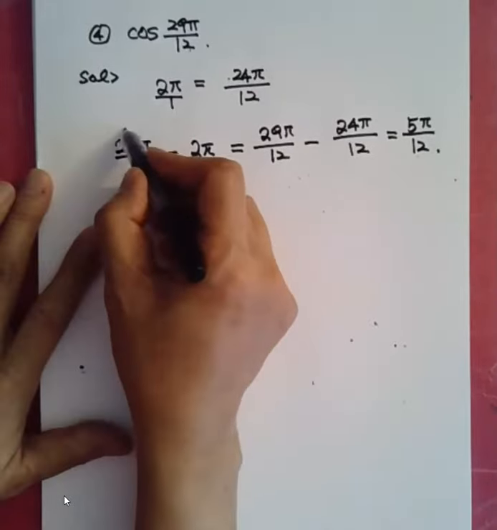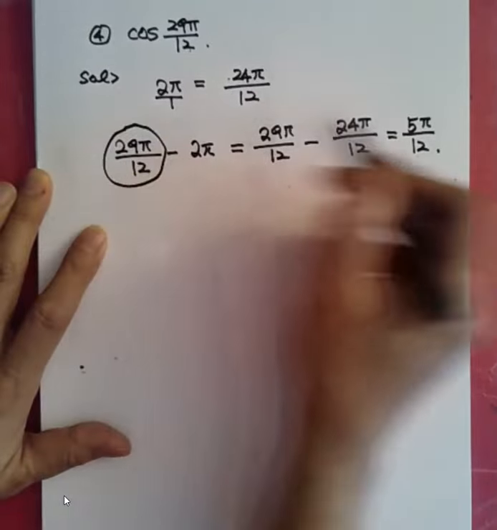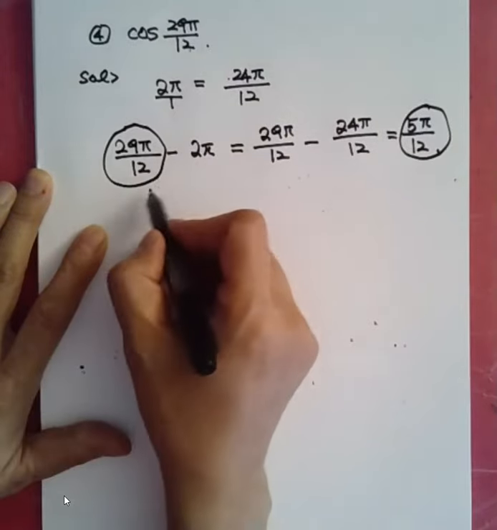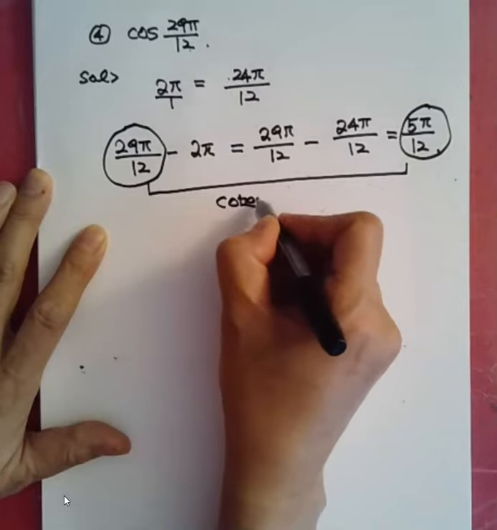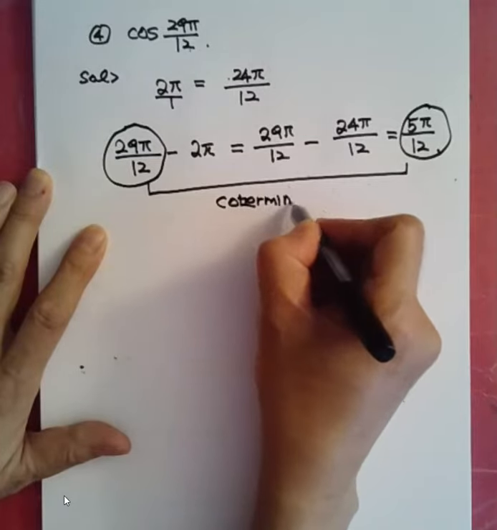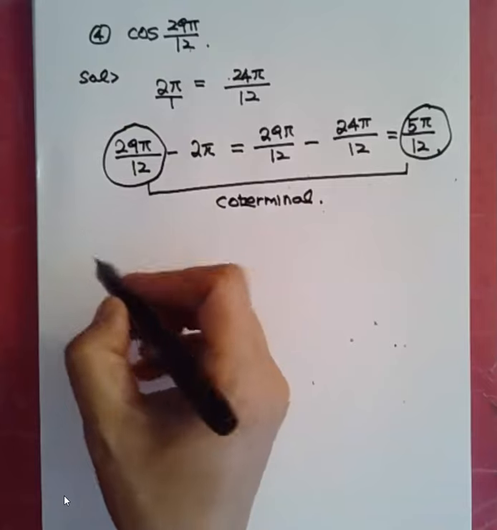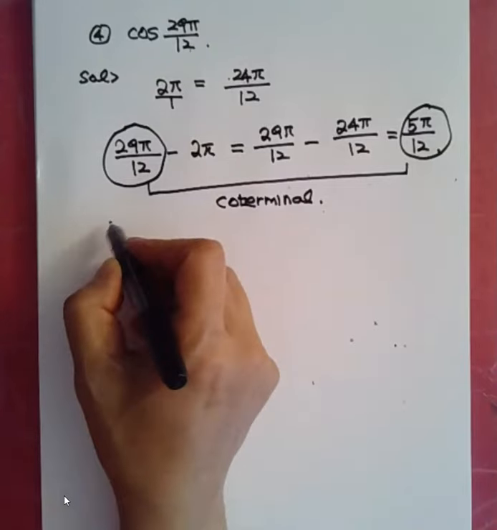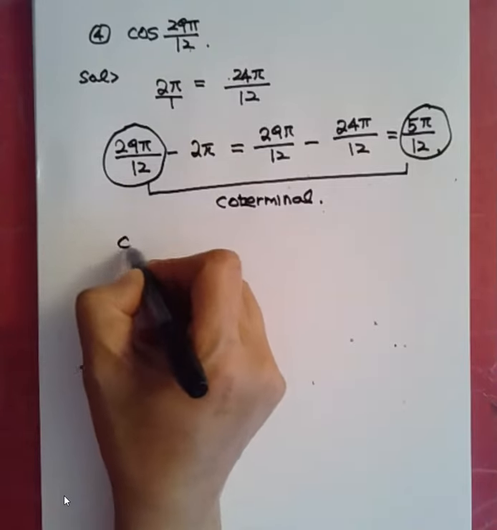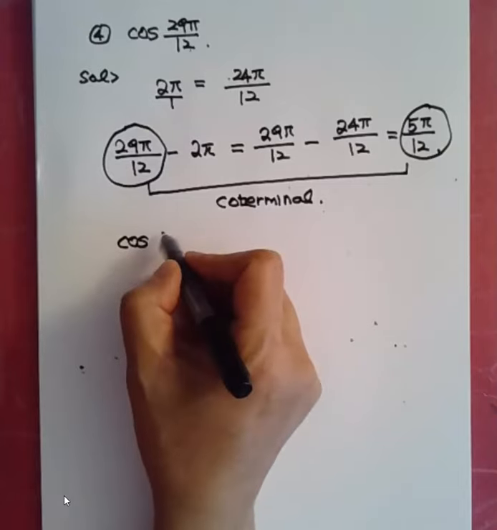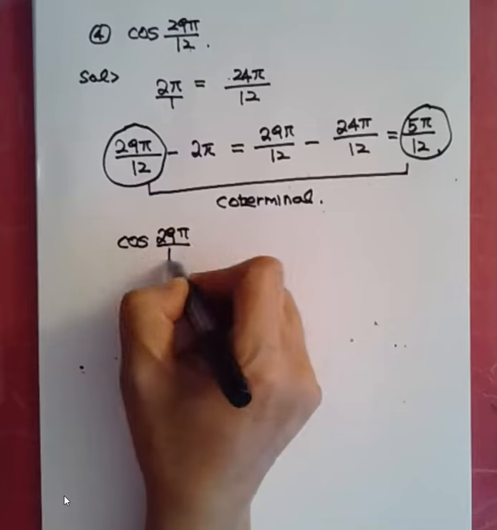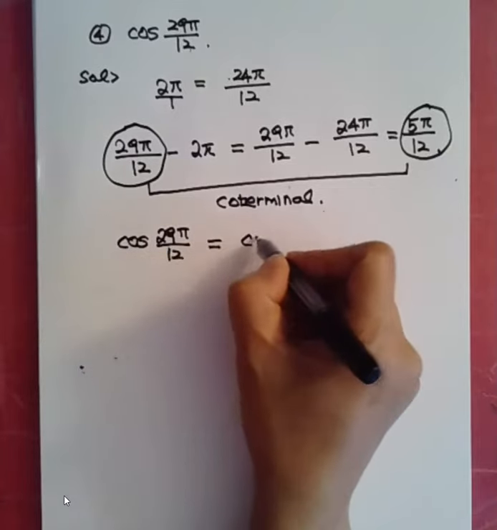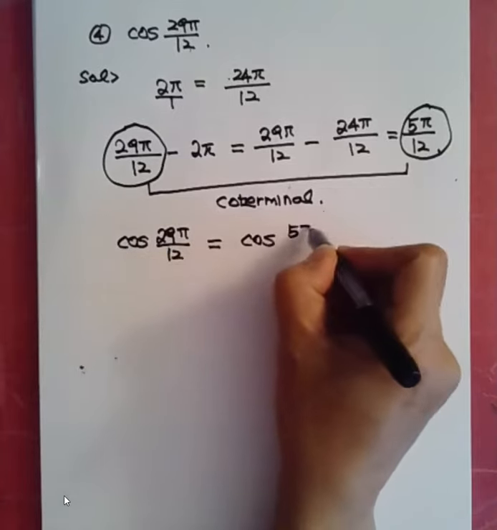So from here, we can say that these two are coterminal angles. And then we can conclude that cosine of 29 pi over 12 is the same as cosine of 5 pi over 12.